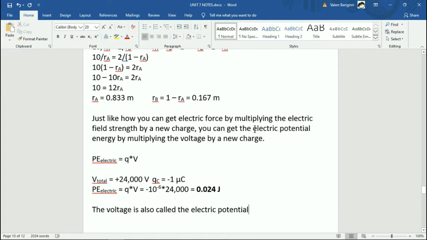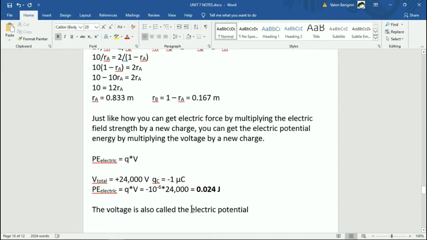So electric potential energy and electric potential are different things, which is stupid. And I have no idea why they're called that. But that's what this is sometimes called. Some people say voltage is not the technical term, the technical term is electric potential. But electric potential is stupid, so I'm just going to call it voltage because that makes sense. You know what I'm talking about then: oh, the thing with volts. Okay, that's easy. Whether electric potential is what, electric potential energy? No, it's not the potential energy. It's something else. So it's unnecessarily complicated and confusing, and I don't like it.